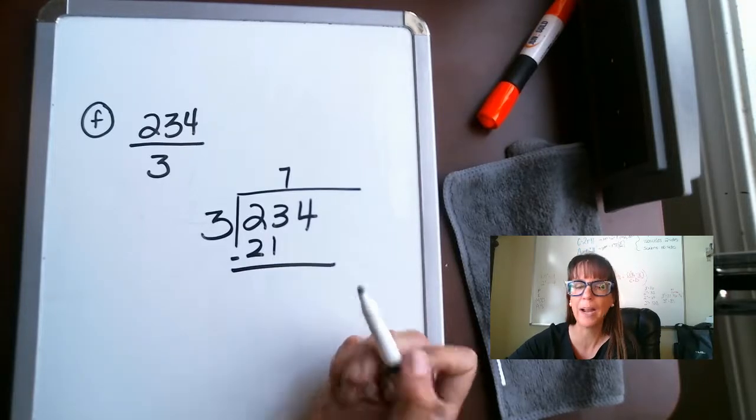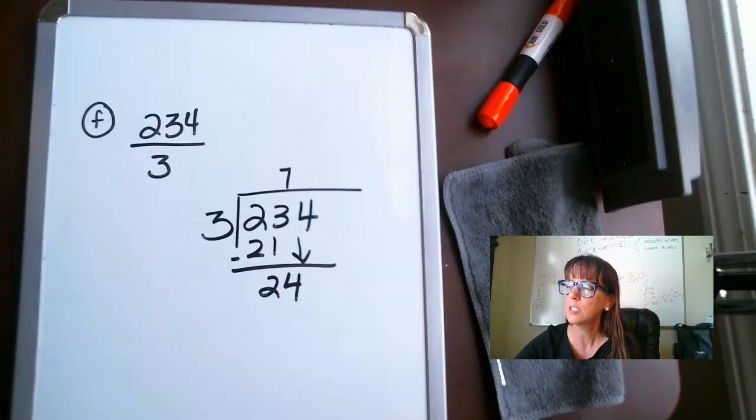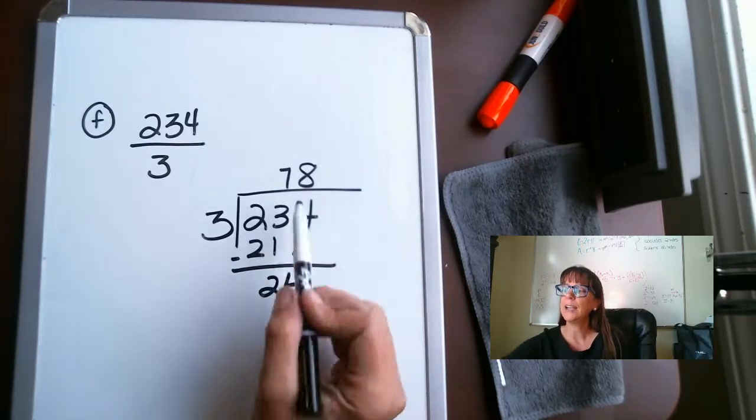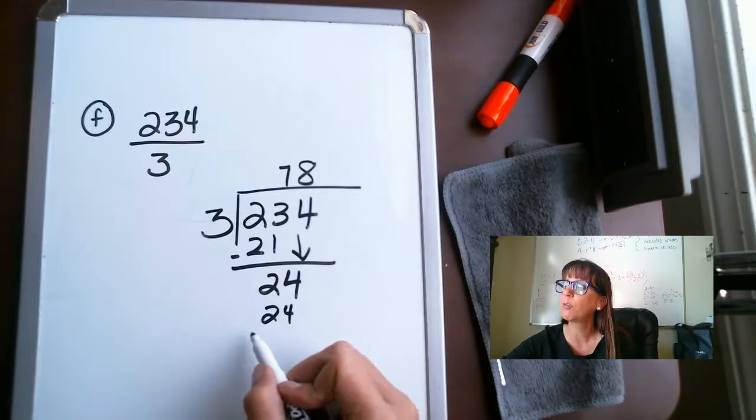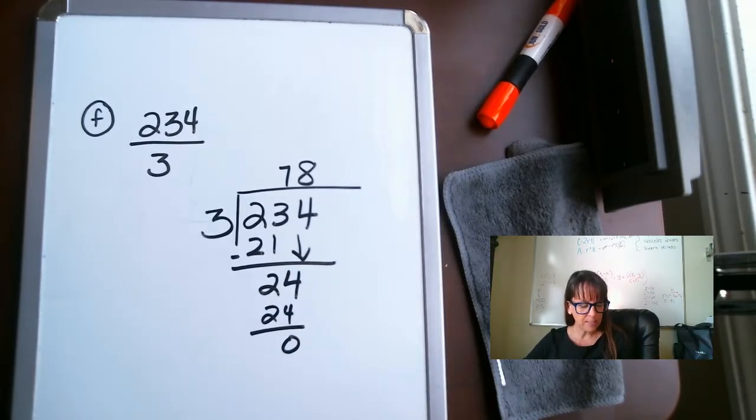When we subtract, we get 2, and when we subtract, we also bring down. 3 goes into 24 8 times, okay? And 8 times 3 is 24, therefore we have no remainders. No remainders.